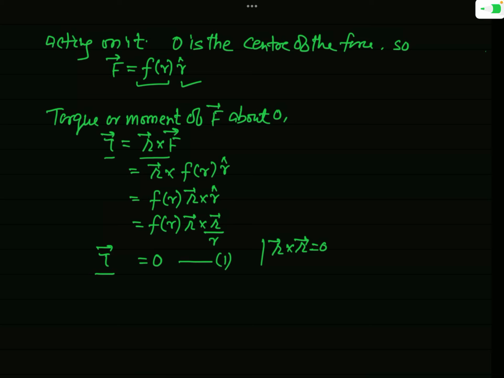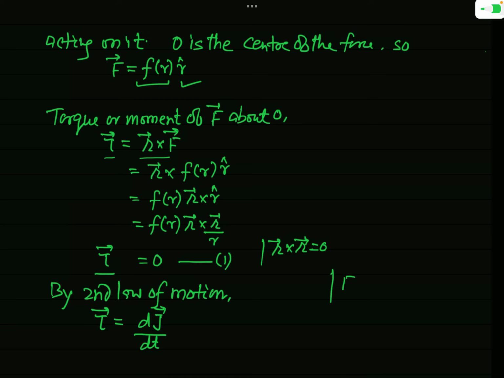Now you can also define this torque by using Newton's second law of motion. By the second law of motion, torque is defined simply as the time derivative of angular momentum. If you denote the angular momentum by the vector j, then torque is equal to dj by dt.